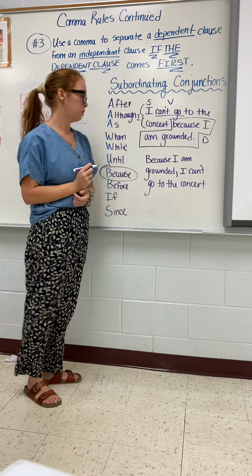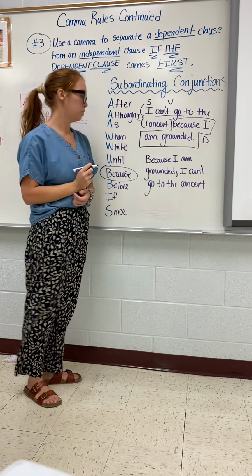Okay? I've started with the dependent clause. Therefore, I have to use a comma. My subject and my verb are here. This is my independent clause. So, if you ever have a teacher tell you that you can't start a sentence with because, throw them off. Make sure that you are using both a dependent and an independent clause, and make sure you put that comma at the end of your dependent clause.